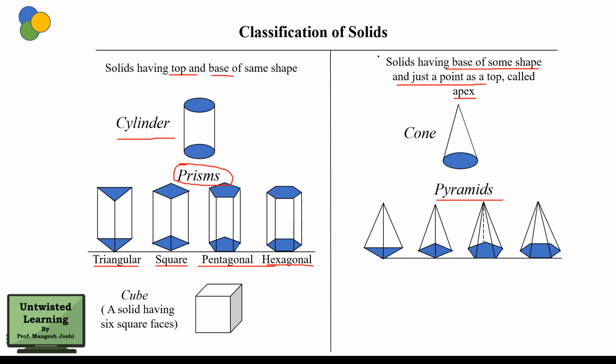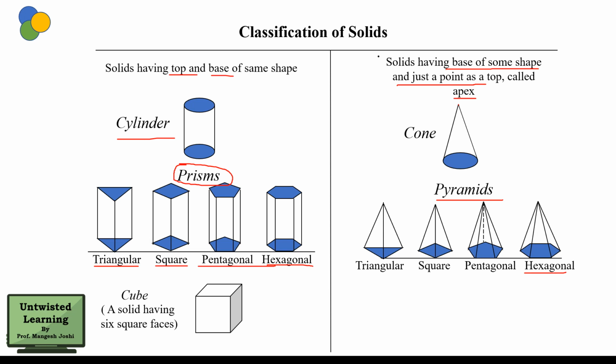Similarly, you have pyramids. If the base is a triangle, you will name this a triangular pyramid. If the base is a square, it will be termed a square pyramid. If the base is a pentagon, it will be termed a pentagonal pyramid. And if the base is a hexagon, it will be termed a hexagonal pyramid.